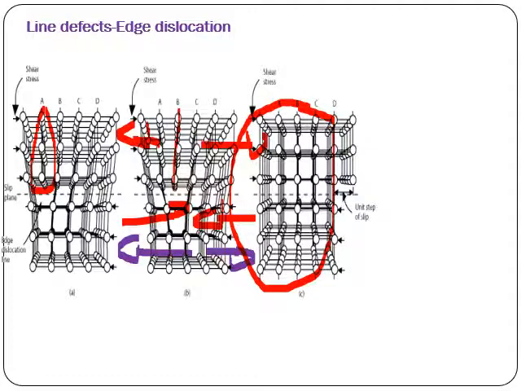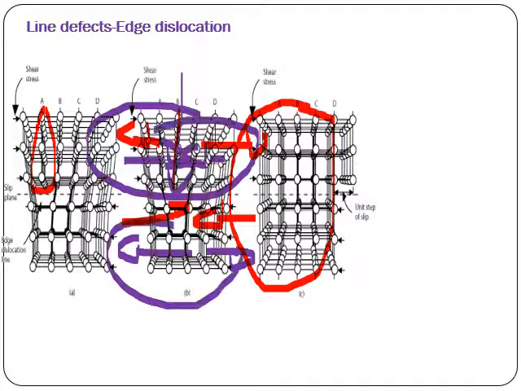These atoms try to come together like this, so there will be a compressive force. So when we insert a plane of atoms, it will create alternate compressive and tensile forces above and below the dislocation line.